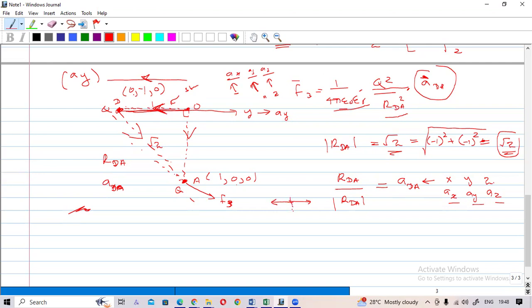If this is unit vector ax, this direction will be minus ax. So that is where you should be careful. This should be minus ay, not plus ay.